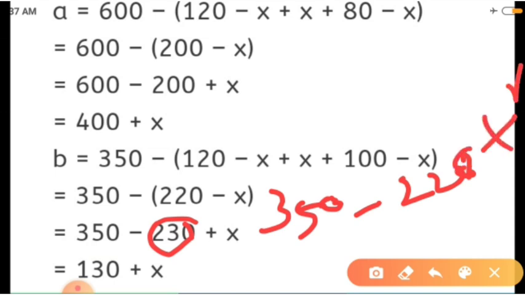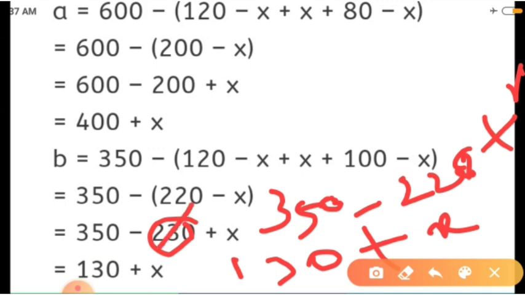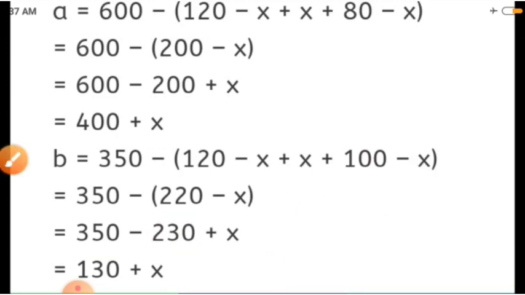Okay, that is equal to 130 plus x. Okay, right.